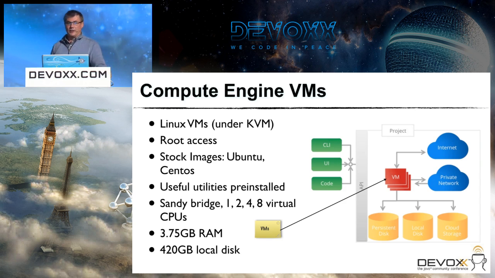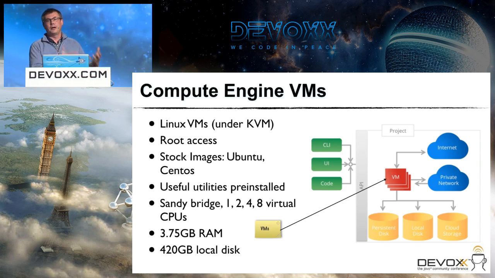The VMs are based on Linux. We are working with the Red Hat folks to optimize and tweak KVM, which is the technology we are using for virtualization. We give you root access, and we have a set of images that we give. We will extend to your own images soon, but currently we are optimizing for our own kernels based on Ubuntu or CentOS, because it comes with pre-installed utilities so that you can communicate very easily to other Google services, which is the value.